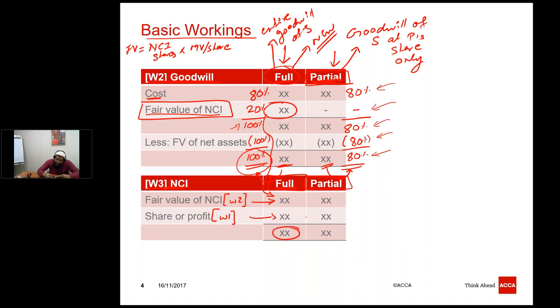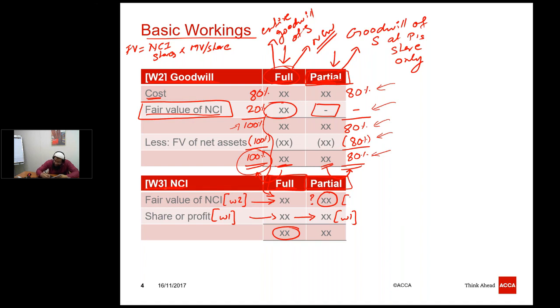Share of profit will remain the same in the partial goodwill as well, coming from working number 1. But the difference will be that there is no fair value of NCI in this case. So from where to start the partial goodwill method? As there is no fair value of NCI, from where should we be starting the NCI? It is pretty simple.